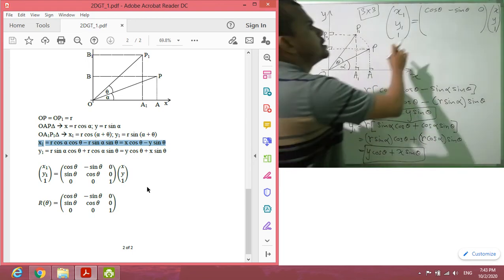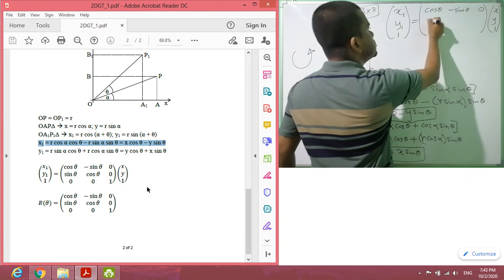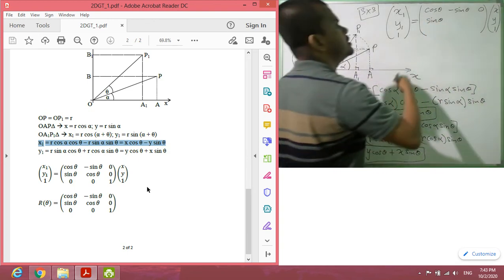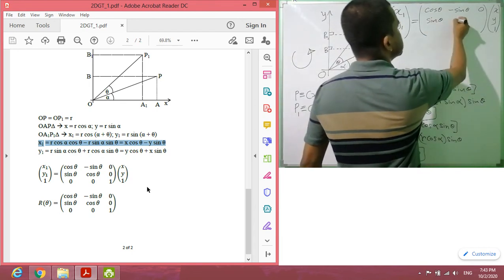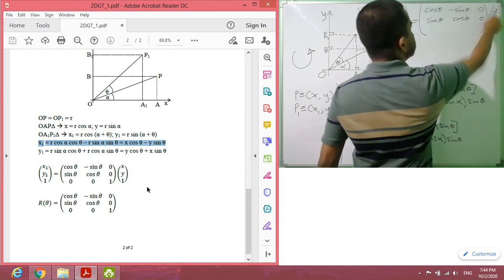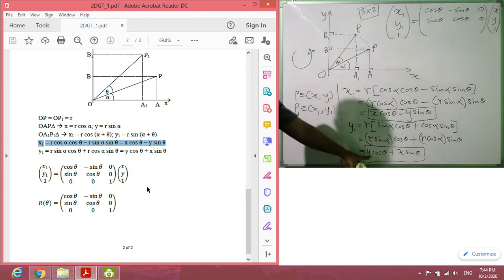So we have to form this one. Here x sin theta, y cos theta, here 0, x sin theta plus y cos theta plus 0, you will get this one.